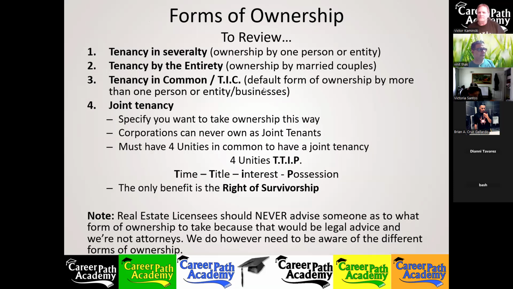Tenancy in common, or a TIC for short, is the default form of ownership by more than one person or entity. And joint tenancy, you have to specify you wish to take ownership in that way. Corporations can never own as joint tenants, and you must have 4 unities in common to have a joint tenancy, TTIP: unity of time, title, interest, and possession.